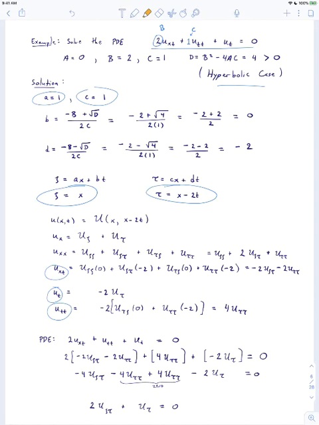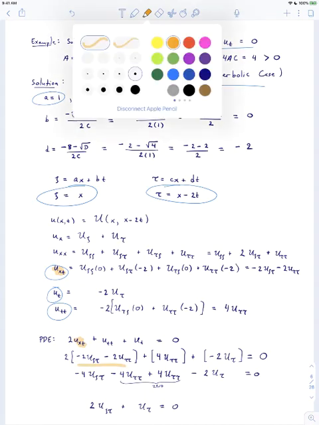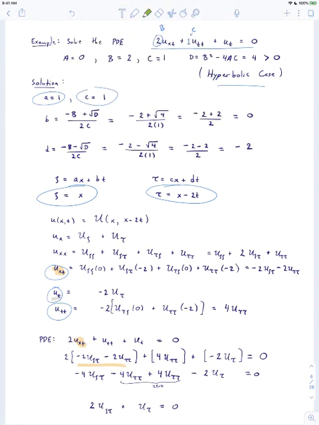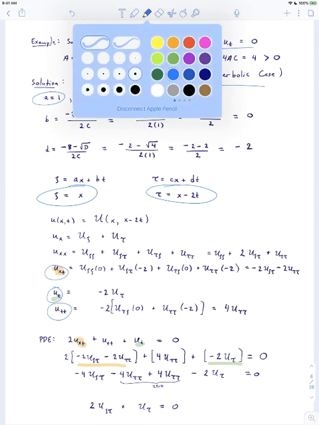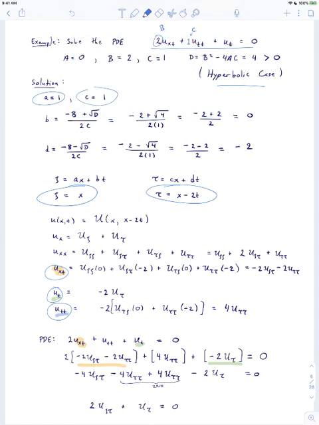So again, let's just color coordinate. u sub xt, that's this one here, which gives us this one. Then we have u sub t, that's this one, which is right there. And then finally we have u sub tt, which is the middle one, which is that one there. So you can just work out these derivatives and then plug them into the differential equation.